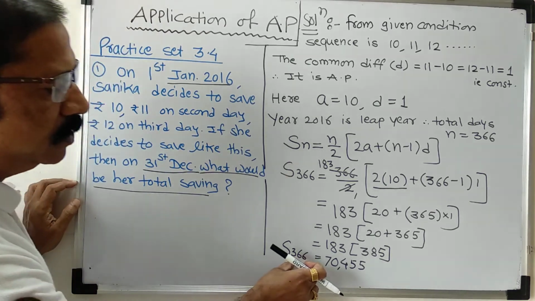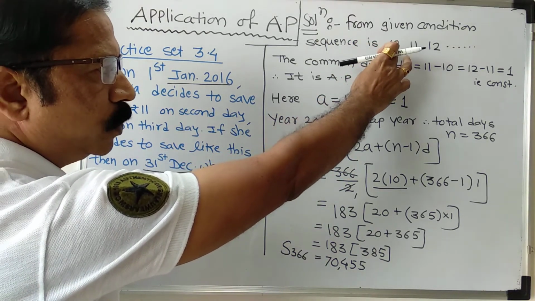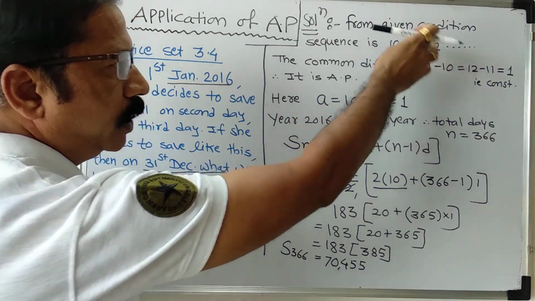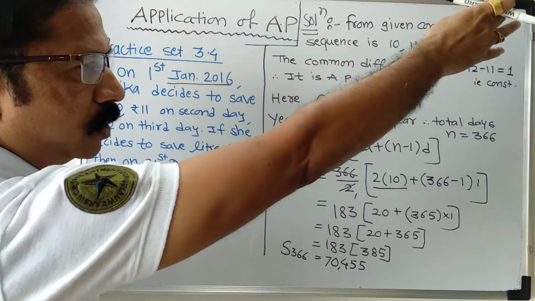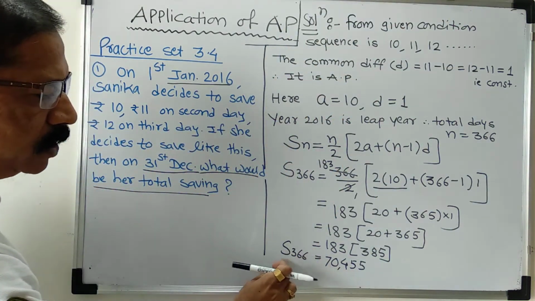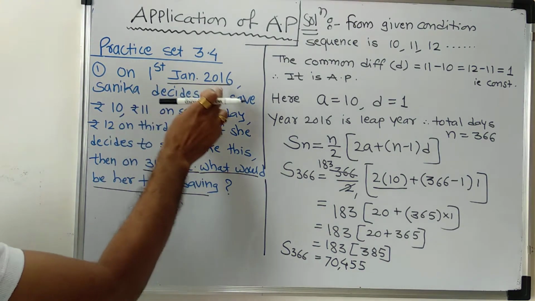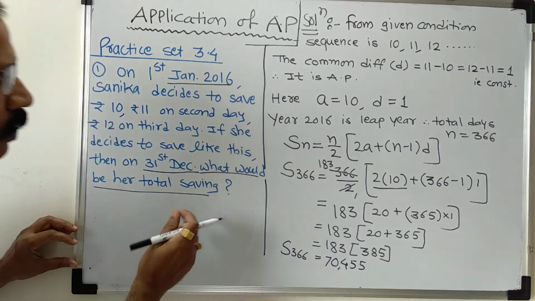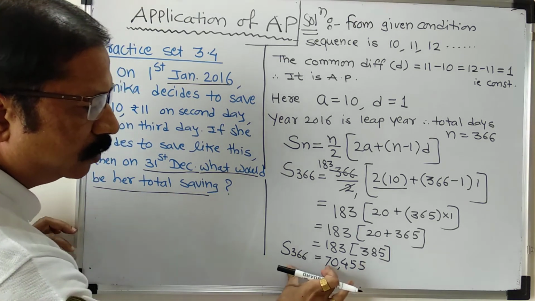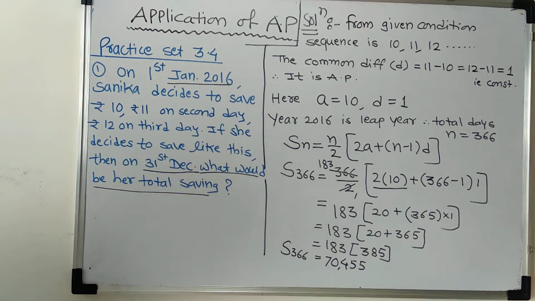So in 366 days, if she saves 10 rupees on the first day, 11 rupees on the second day, 12 rupees on the third day, like this, if she saves 1 rupee extra than the previous day for 366 days, at the end of that year 2016, she would have total saving rupees 70,455. So write the answer.